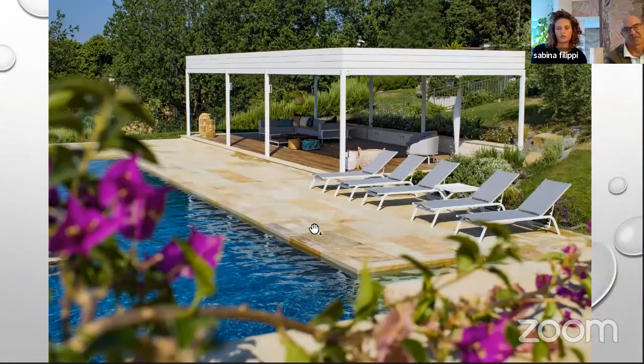This is another point of view of the pool, and the pergola has this recreational area below it, with the sofas. So the owner can use it in different seasons.